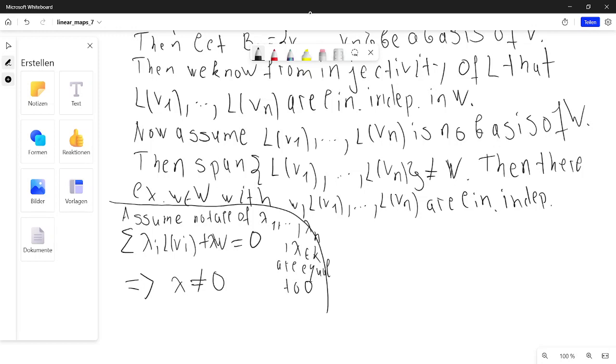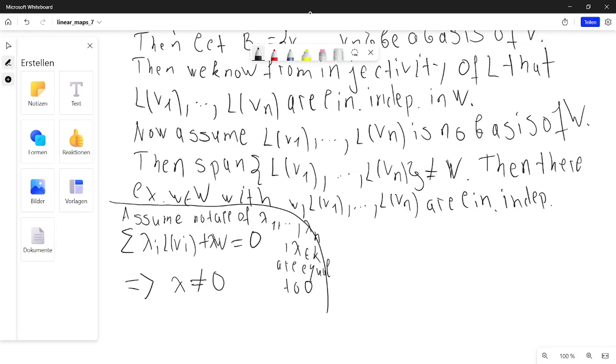So, assuming that they are not all equal to 0, we look at the linear combination that nonetheless gives 0.